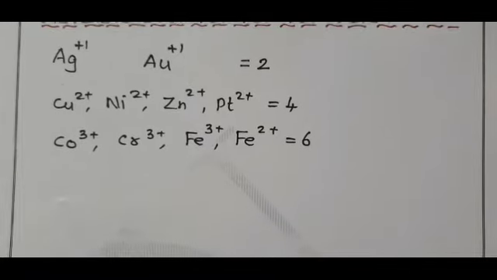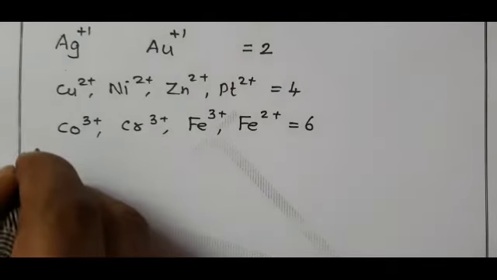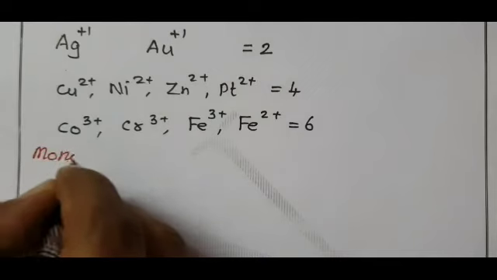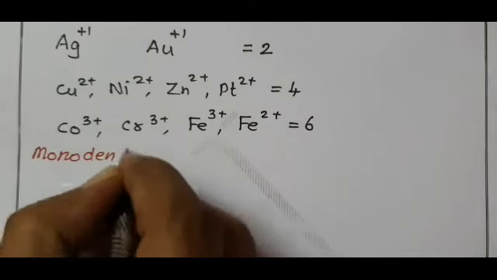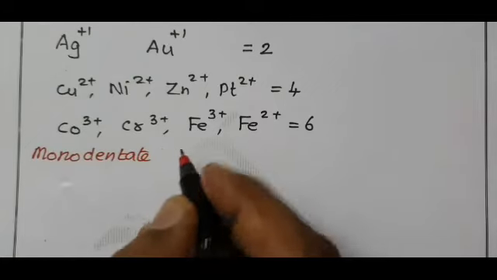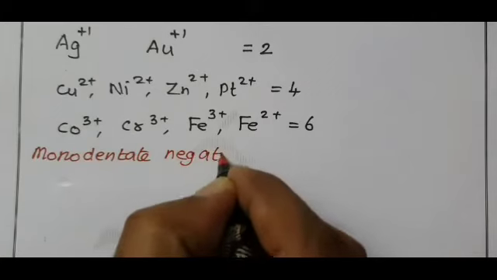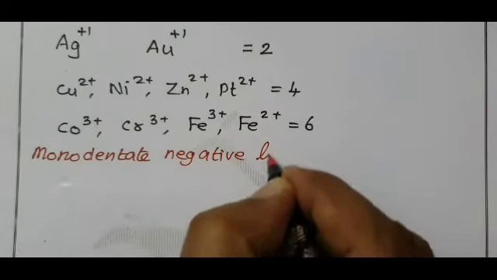Then I am going to write some monodentate negative ligands. Monodentate indicates that there is only one donor atom in this complex.